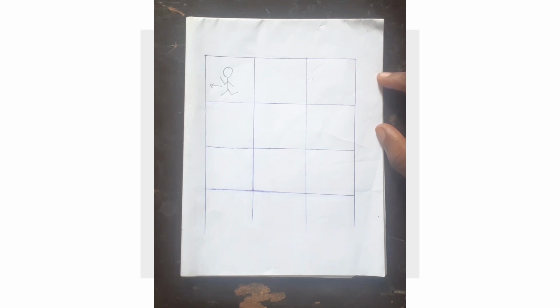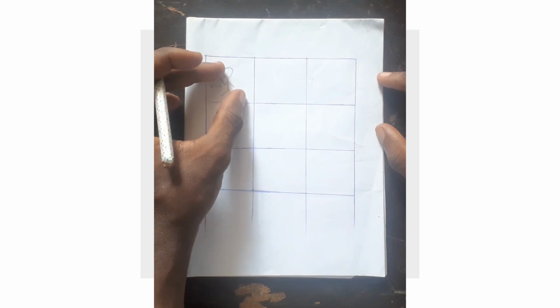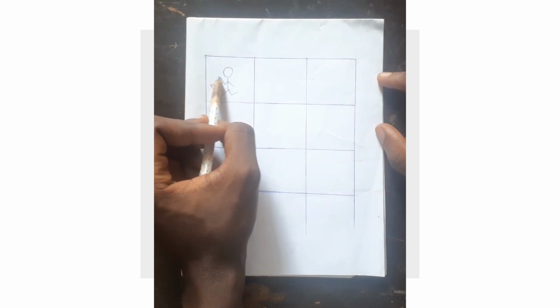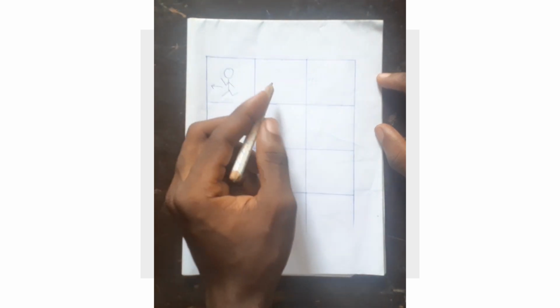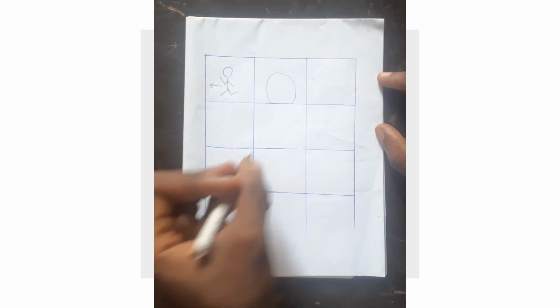You can use many camera shots in storyboards. So I'm just going to add another camera shot to this scene. I want to show his face here. I'm just going to draw his head border, so we can call this his head.